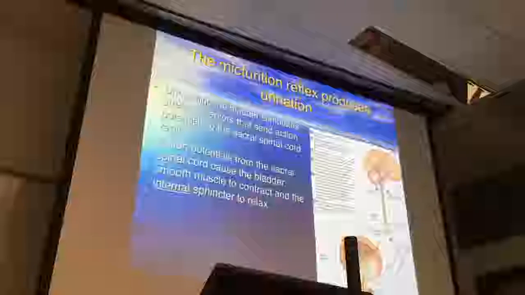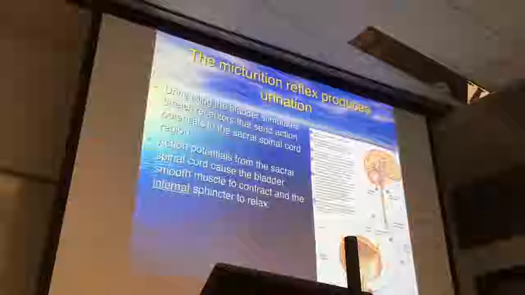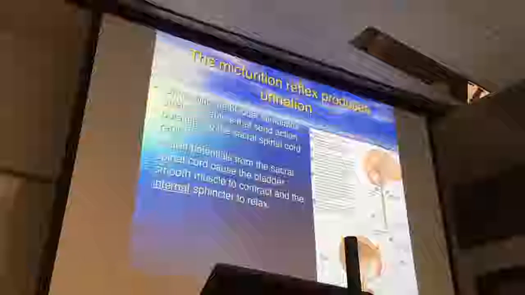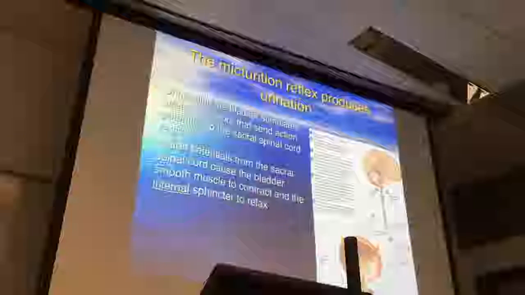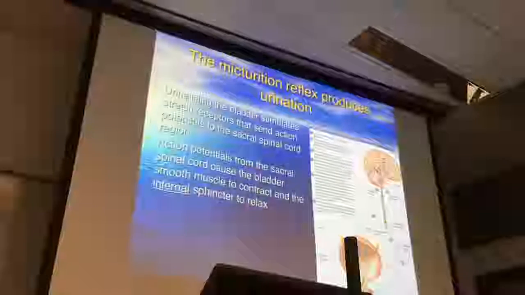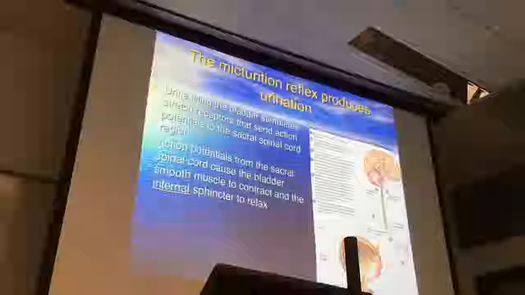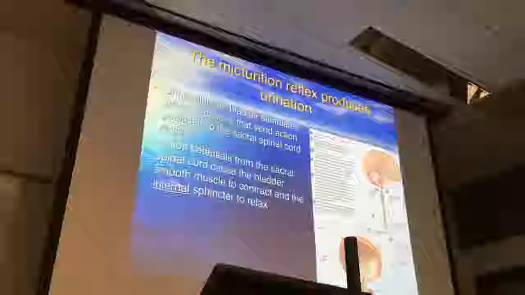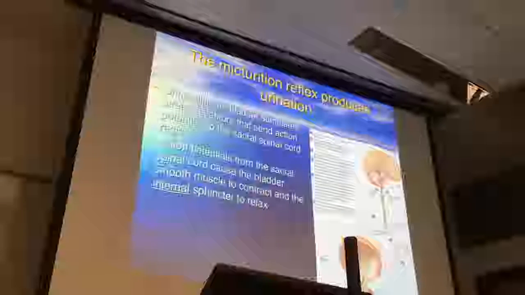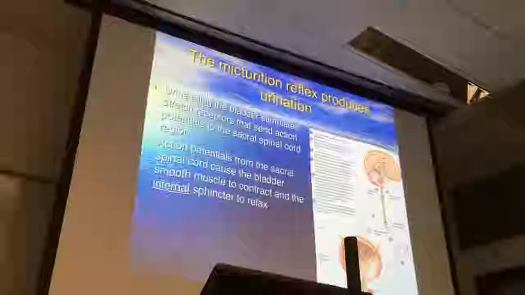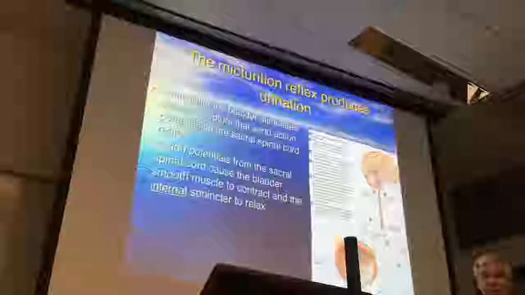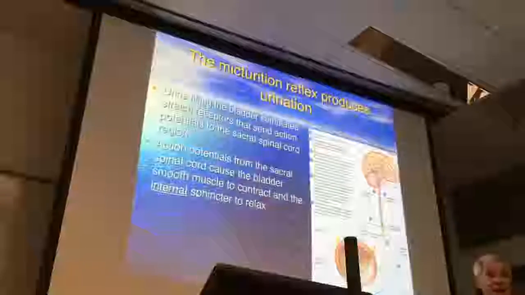Okay, so in the sacral region of the spinal cord, when it receives that sensory input, it's going to send an input to the smooth muscle, telling it to contract. Okay? And it's going to cause the internal sphincter to relax. Now, if you are an adult, the book says external sphincter, but it's really the internal sphincter that's told to relax.